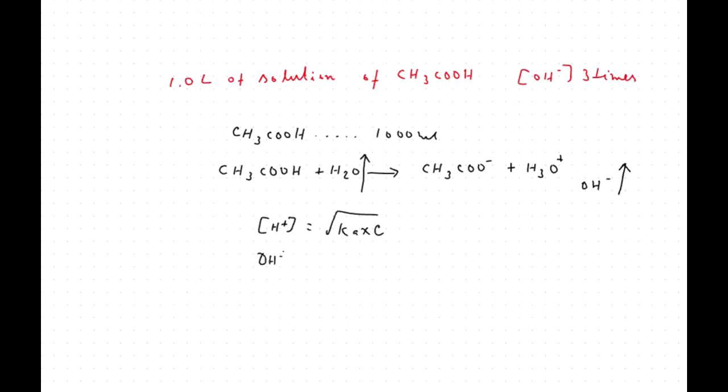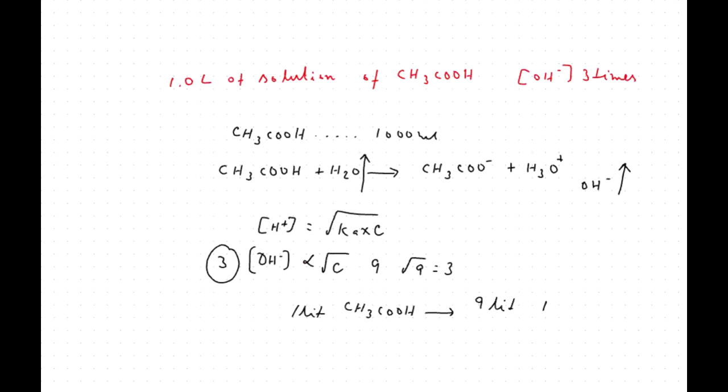So if you want to increase 3 times, as the concentration term is in the square root, I have to dilute it to 9 times because square root of 9 is 3. So the 1 liter of acetic acid has to be diluted to 9 liters by the addition of 8 liters of water.